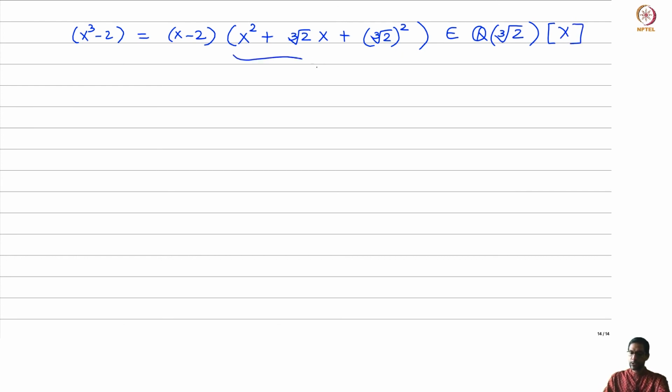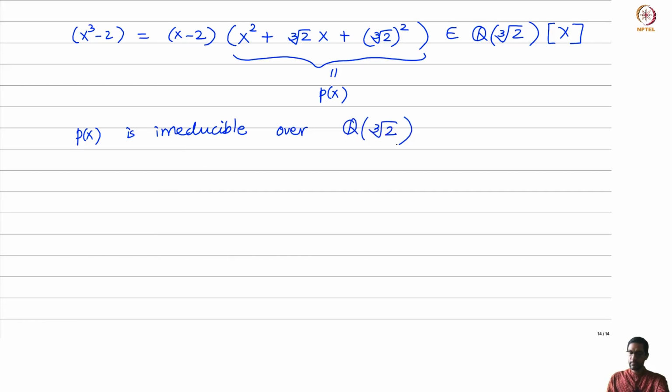Let's call this quadratic factor p(x). Observe, p(x) is an irreducible quadratic polynomial over the field Q(cube root of 2). Again, why? Same reason. If it is reducible, then it must have a root in the field Q(cube root of 2).